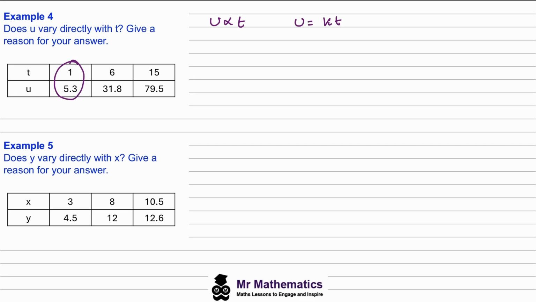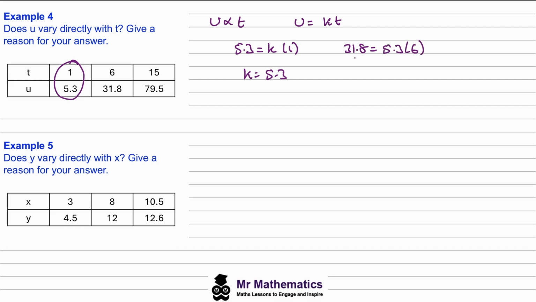From our first pair, the value of U is 5.3 and T is 1. So K will equal 5.3. And we can check this with our second pair. When U equals 31.8, does this equal the K multiplied by the T?